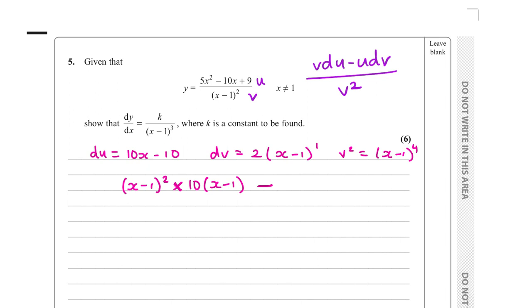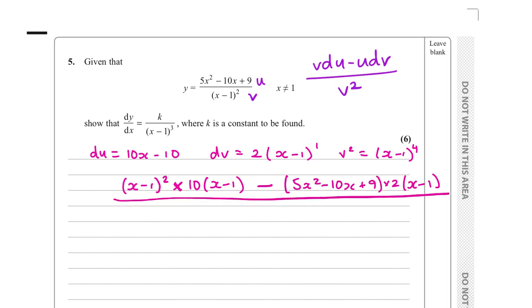Minus u, which is bracket 5x squared minus 10x plus 9, and then dv, which is times 2 lots of x minus 1, all over x minus 1 to the power of 4.